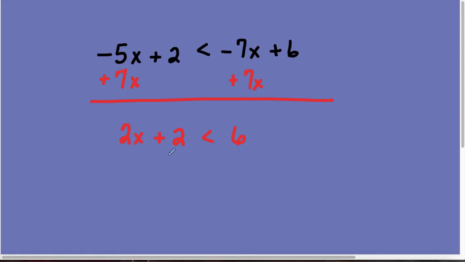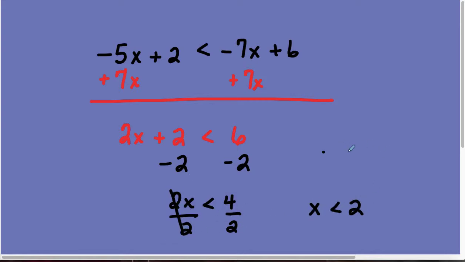Then, let me switch colors, that's not so clear. Then I'm going to subtract 2 from both sides, and that's going to give me 2x is less than 4, and then I'll divide by 2, okay? And so I get x is less than 2. And again, I'll graph it on a number line. So here's 0, so here's 2, and I want all x's less than 2, and I'm using that open circle.